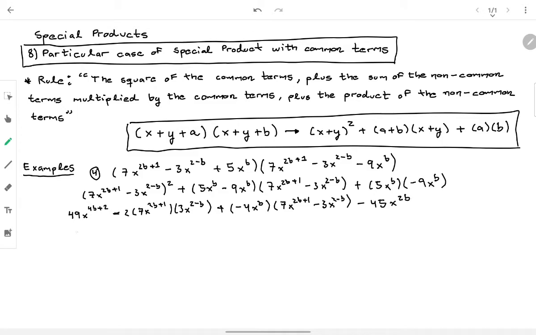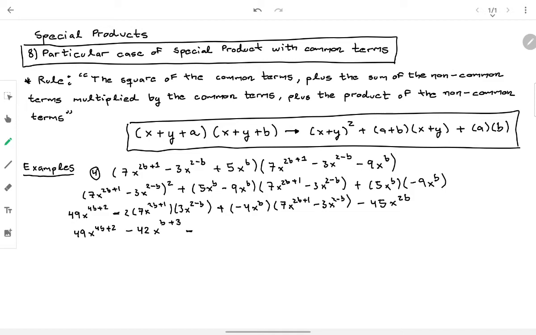So it's going to be 49x to the 4b plus 2 minus 42x to the b minus b, it's b, 1 plus 2, it's 3.